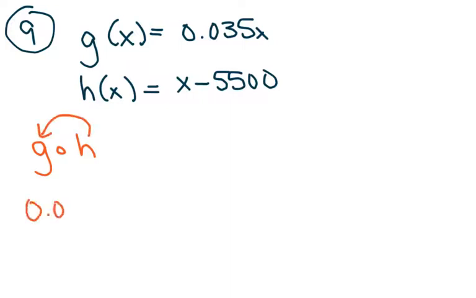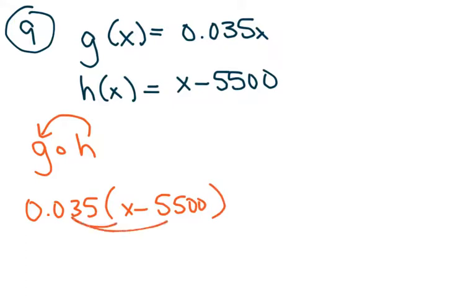That means wherever I see an x in g, I'm going to replace it with the other function. Now you should be looking at this going, oh, I want to distribute, so I'm going to get 0.035x minus 192.50, which is what you get when you multiply 5,500 times 0.035.